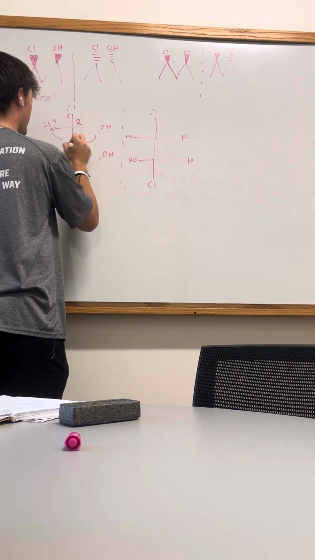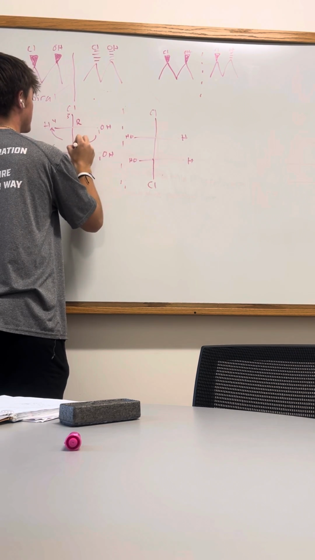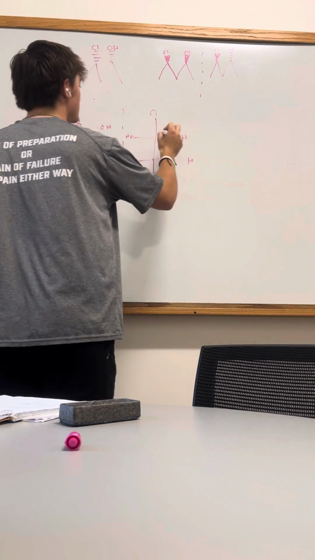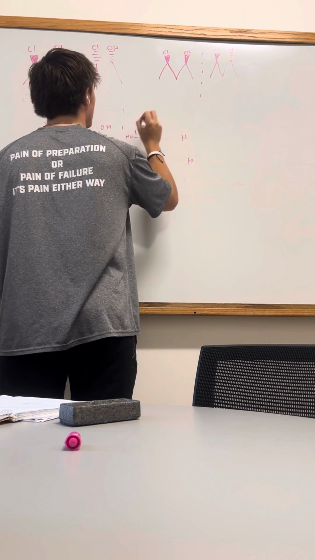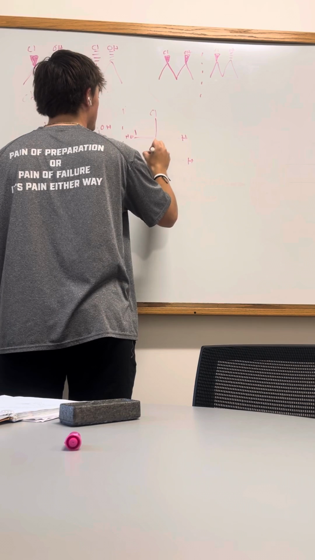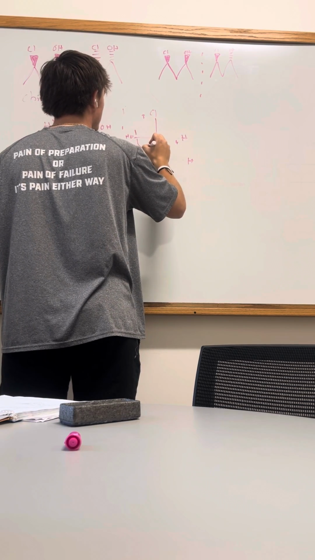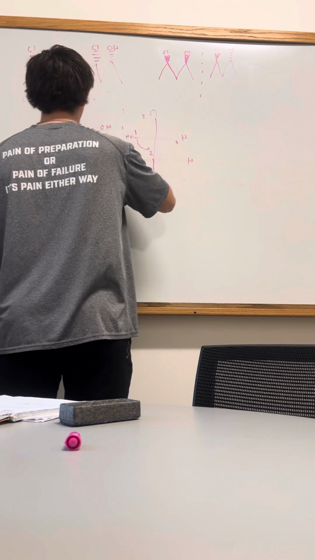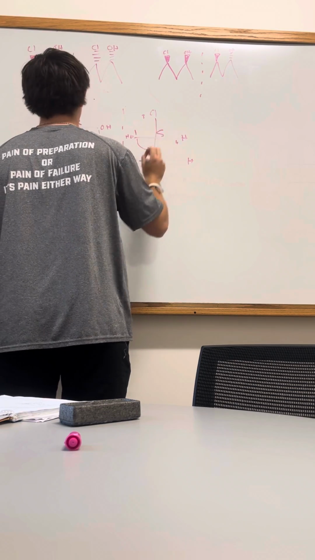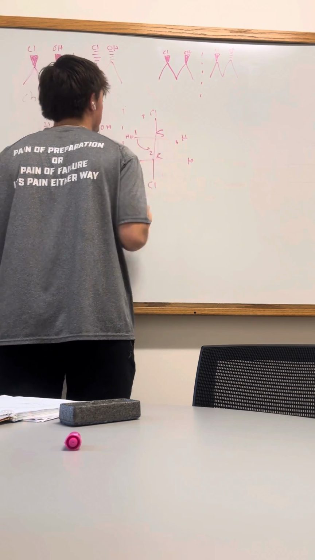So this is going to be counterclockwise, meaning this is an S. And then if we do it over here, this would be 1, this would be 2, that would be 3, this would be 4. So this is going to be counterclockwise, meaning it's an S, and then this one would be an R.